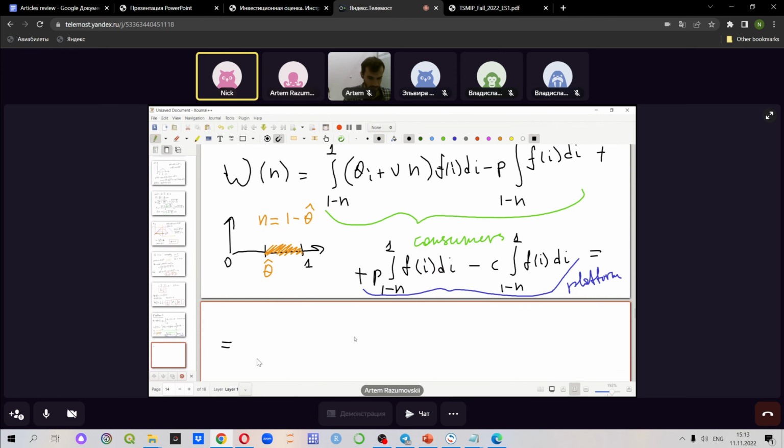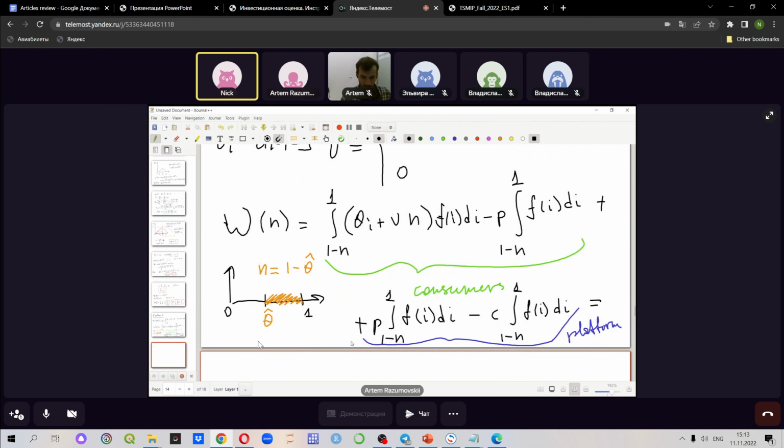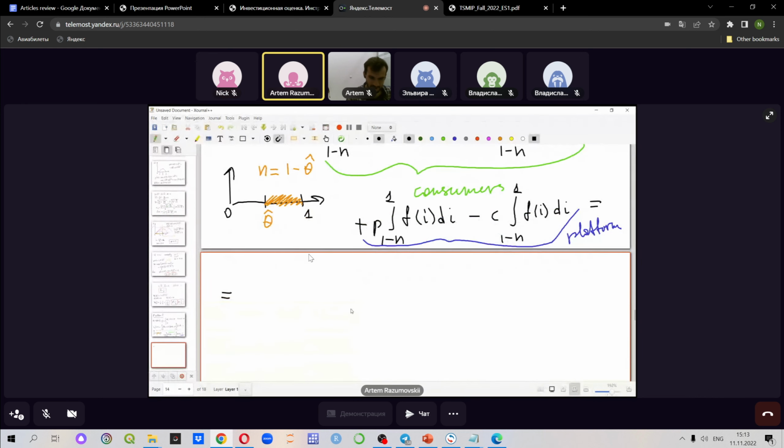And in the first component, we can't take those variables out of the integral because theta depends on I, right? Yeah, theta depends on I, but the rest we can. Okay, well, if we want to, just to be more understandable.